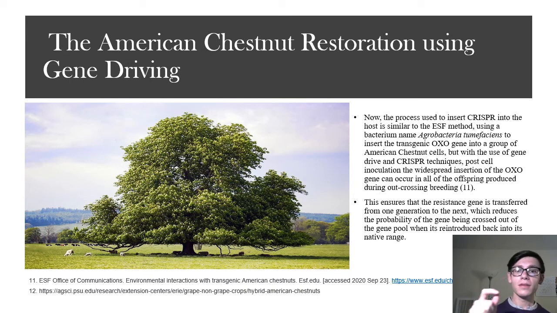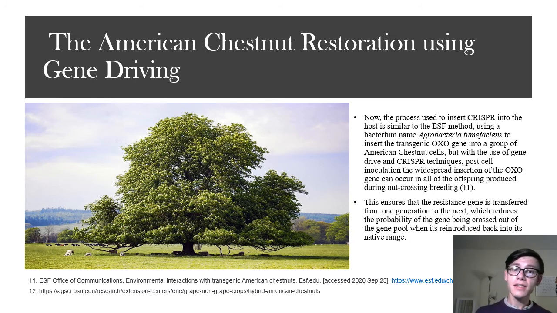So now the methods used to insert CRISPR into the American chestnut are very similar to how they were doing it in the actual experiment I was just talking about. But once you introduce this gene drive into one host and then have it propagate and start producing offspring, this resistant gene stays within the population and it's not outcrossed.